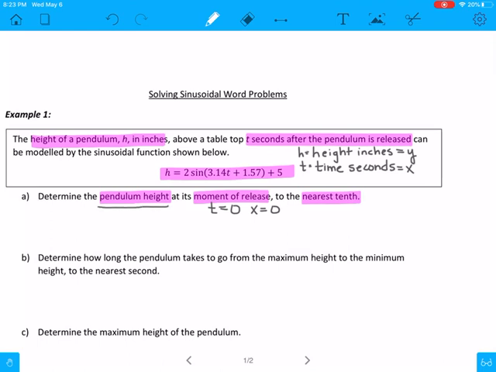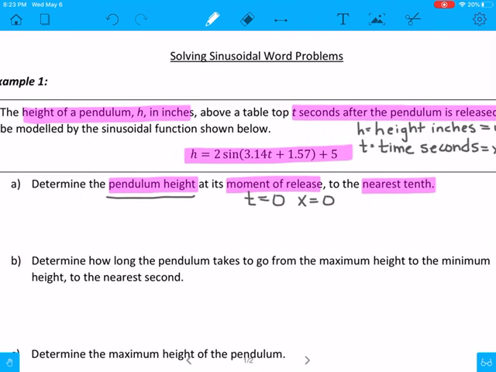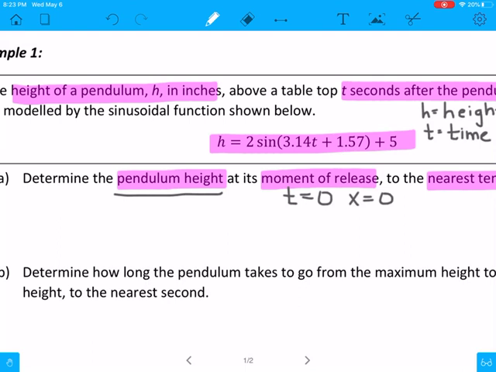So we can literally write this into our equation. If they ever give us t, we can just plug it right into our equation. It's really easy. When they give us h, we're going to need our calculators to do a special method. But when they give us t, we can just do algebra.